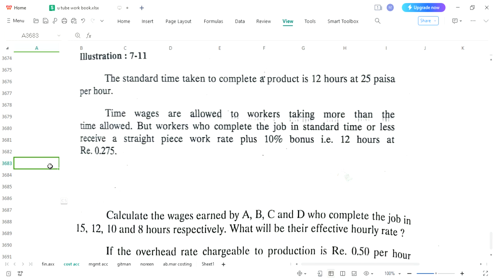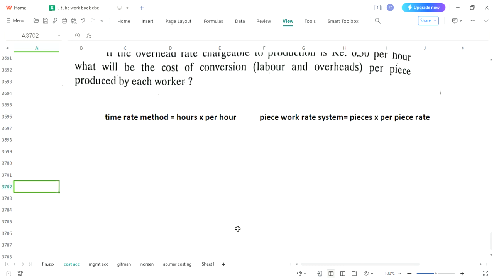First, we will divide this question into four parts. We have workers A, B, C, D. One more thing I want to share is that there is no permanent and fixed proforma or format for solving these labor wages questions.